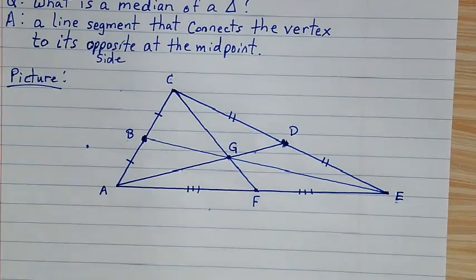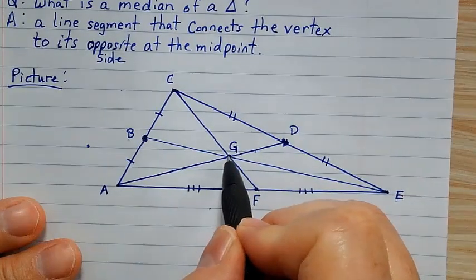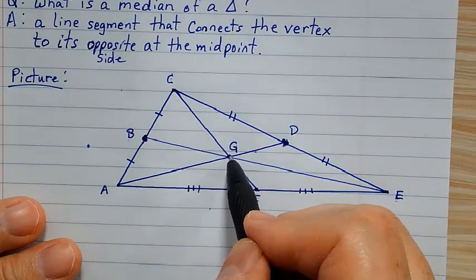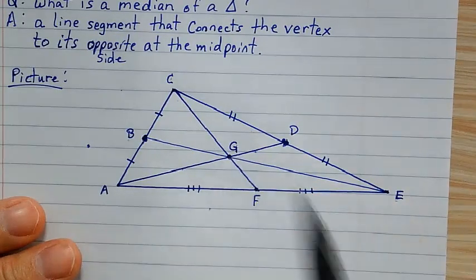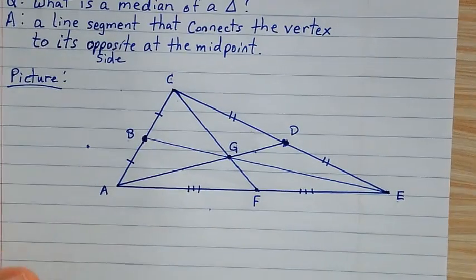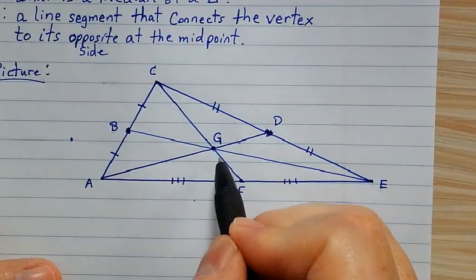Pay close attention. Do you notice that point G is where all three medians intersect? That's called the centroid. And I'll explain to you in real life what a centroid actually is, or one of the aspects of a centroid. It's the balancing point.